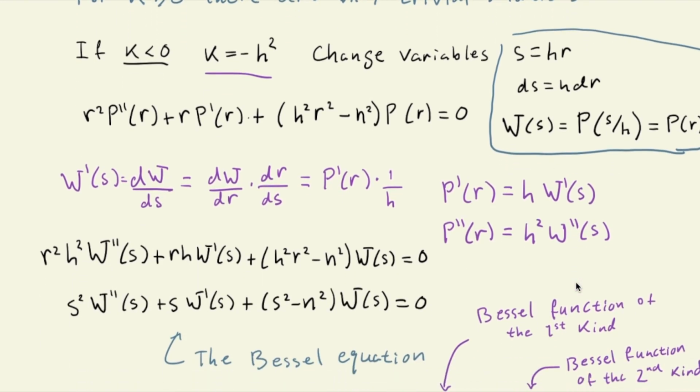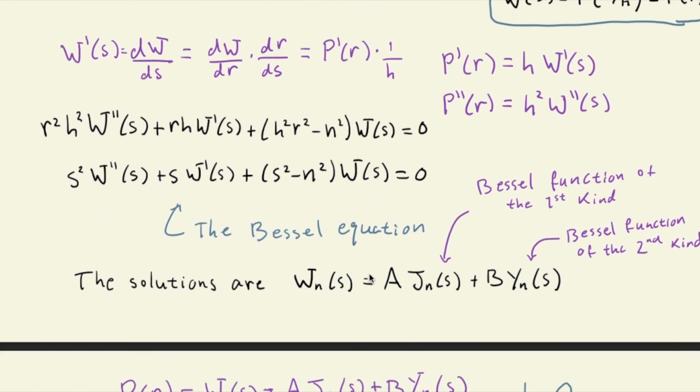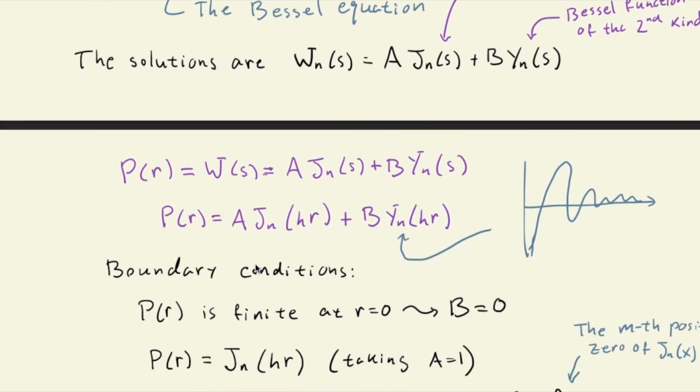And we find that because p satisfies this equation, w has to satisfy this equation here, which is the Bessel equation. And so the w function has to have the form aJ plus bY, where J is a Bessel function of the first kind and Y is a Bessel function of the second kind, which means that p has to have that form, but with hr, because that's what s is.